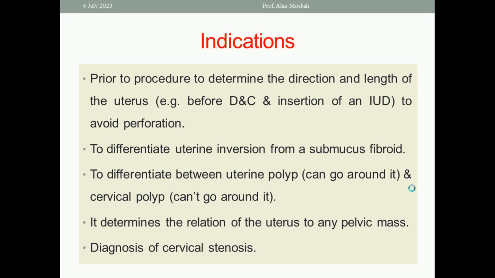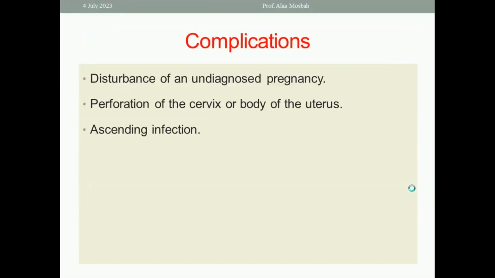In case of uterine polyp, the sound can go around it, while in cervical polyp, it cannot go around it. It determines the relation of the uterus to any pelvic mass, to differentiate the uterine mass from adnexal mass and so on. Also, to diagnose cervical stenosis. These are the indications of the uterine sound.